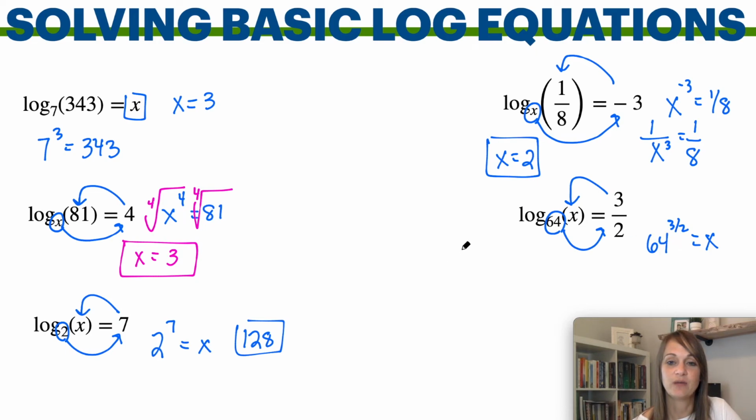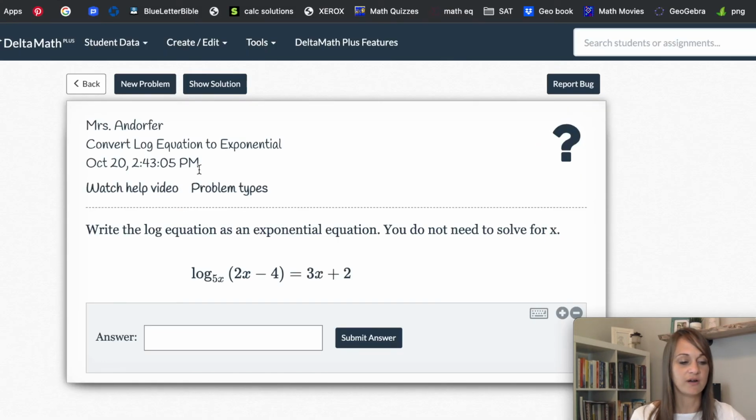Two, you can rewrite this. 3/2 means it's the square root of 64 to the 3rd, because the 2 in the denominator means the square root. So you can say the square root of 64 is 8, so 8 to the 3rd power is 512.